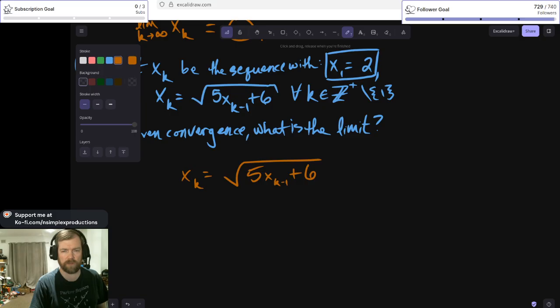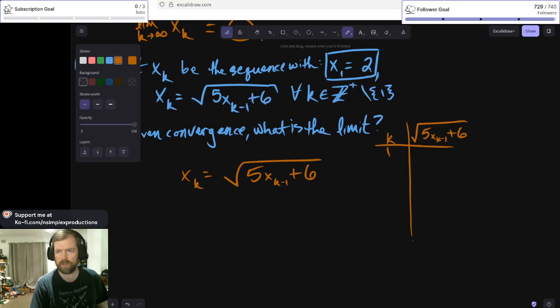It is not going to have anything to do with x sub k minus 1. Okay, so let's just run through what we've got so far. Values for k and values for the square root of 5 x sub k minus 1 plus 6.